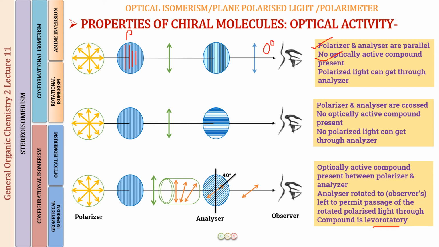And when the light has rotated by some angle, how are you going to check? You are going to rotate the eyepiece in such a way that you get complete brightness once again. When you are checking at darkness, you get darkness back again. When you have 0 degree at complete brightness, rotate it to get brightness once again. That is the only difference.